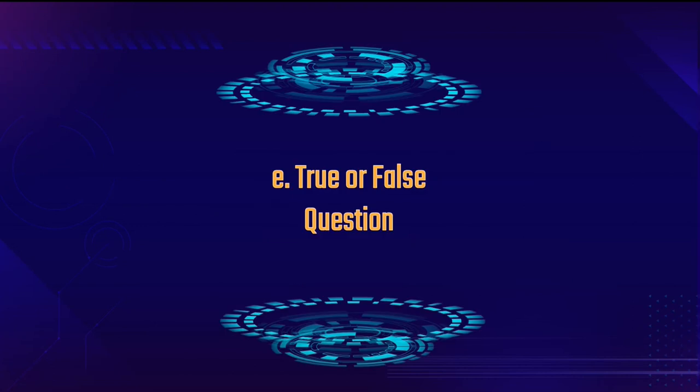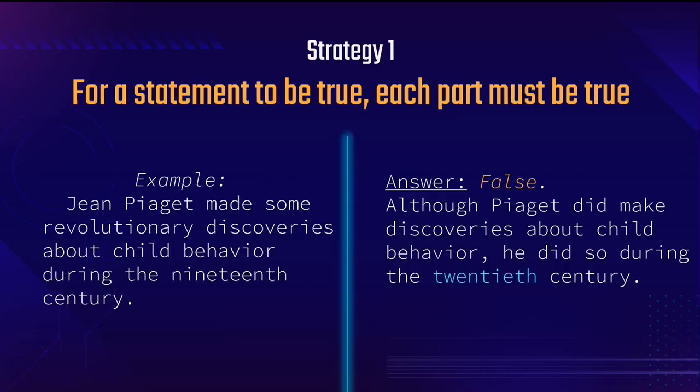The next type of question is the true or false question. Strategy 1. For a statement to be true, each part must be true. One detail can make an entire statement false.